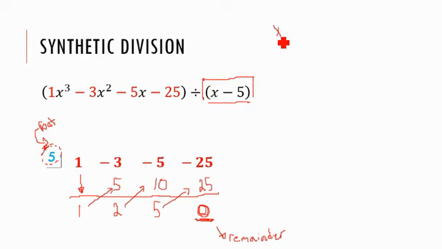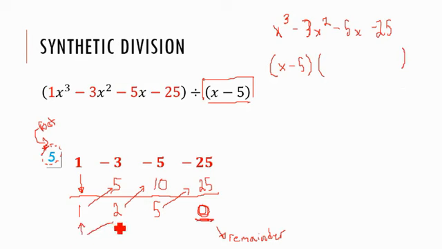So if I had x cubed minus 3x squared minus 5x minus 25, and I wanted to factor that, I could say, well, x minus 5 is indeed a factor. And, well, what do I get when I divide it by x minus 5? Well, that's what these numbers are right here. They are the coefficients of your remaining quotient, or your answer.